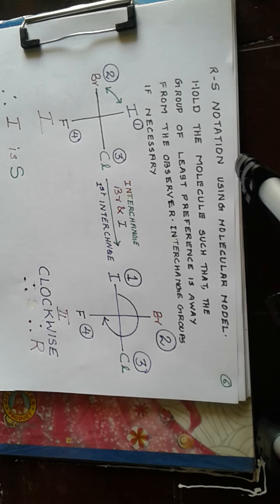So generally we say an odd number of interchanges, that means 1, 3, 5, etc., will invert the configuration, meaning R is converted to S or S is converted to R. An even number of interchanges will retain the configuration. An even number means 2, 4, 6, etc.